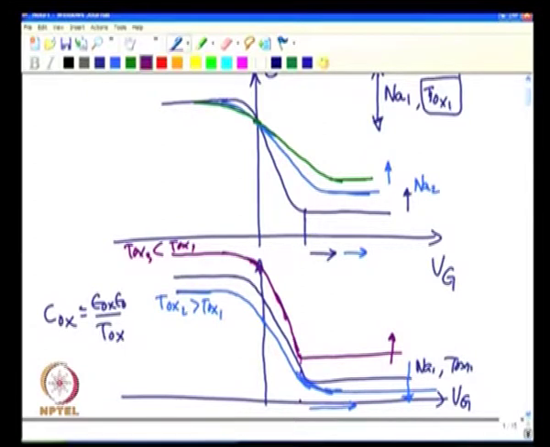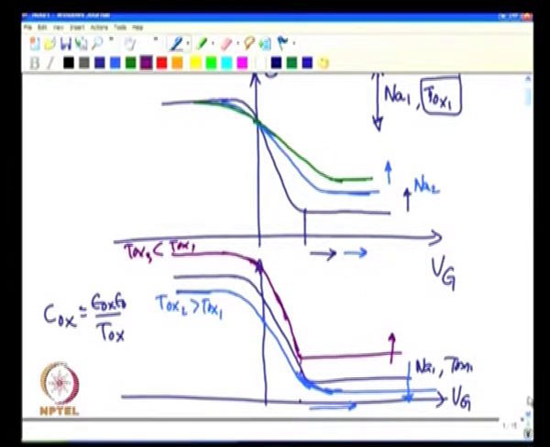As a result, the capacitance in the entire CV range will go up and down, as opposed to this case where only substrate doping was changing. So, these are some very important differences that you may want to keep in mind. In fact, in the next lecture we will also discuss, once you do a CV measurement, how you can start extracting various parameters, but this is something that will be useful to remember when we have that discussion.